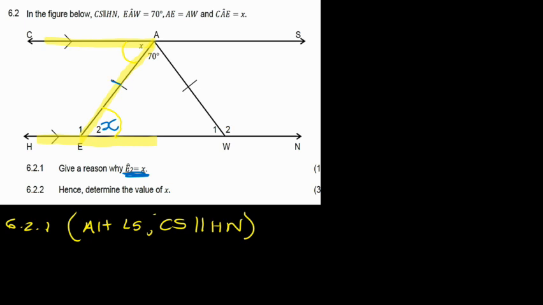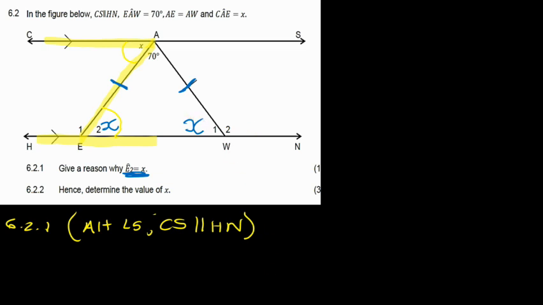Now this can help us here. We know that AE is equal to AW, so this is also x, and therefore we can add those three angles, and we know that they're equal to 180, and then we can solve for x.